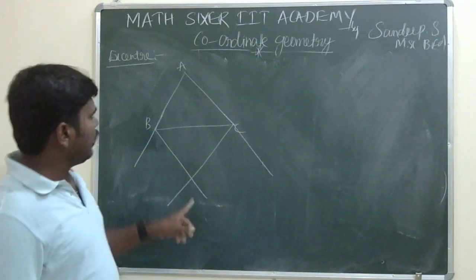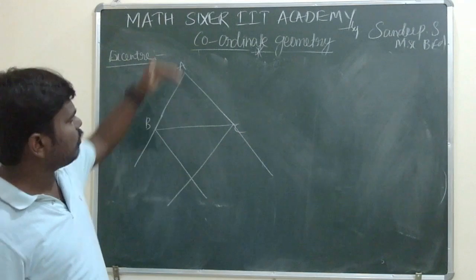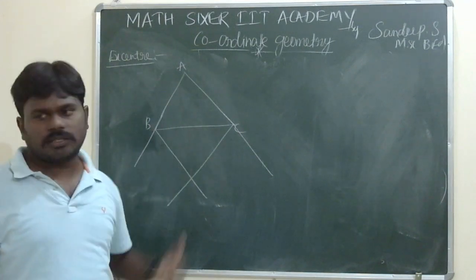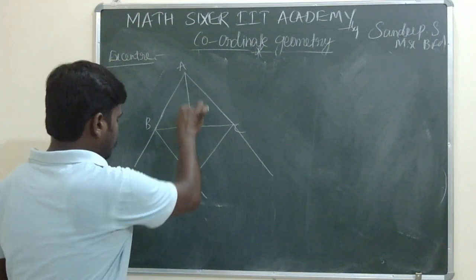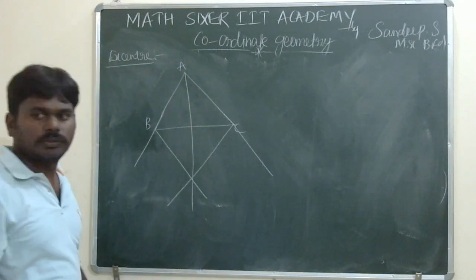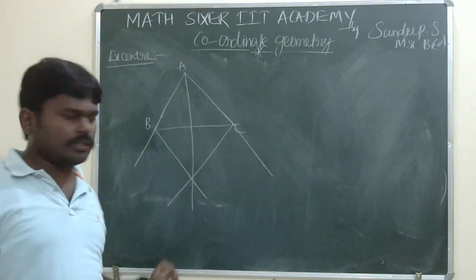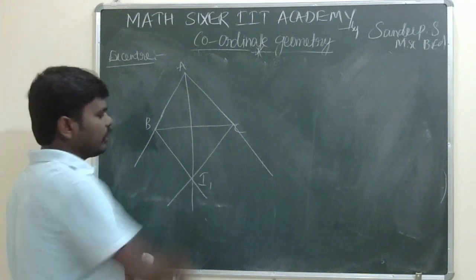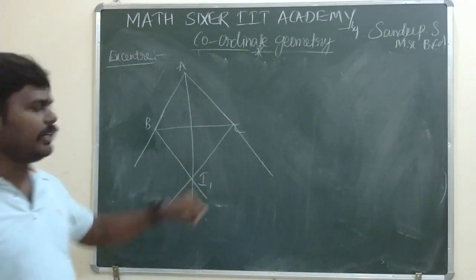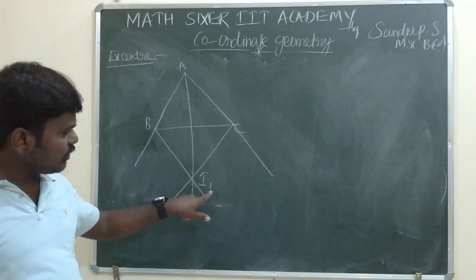And the internal bisector, which is opposite to the vertex, opposite to the base BC, the internal angle bisector. So these three angle bisectors are intersecting at one point, and we can say this is the excenter. Here we denote this with I1.